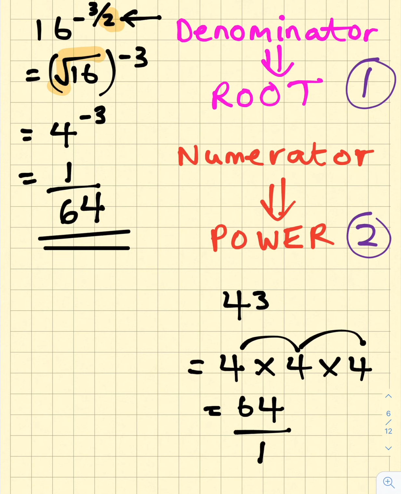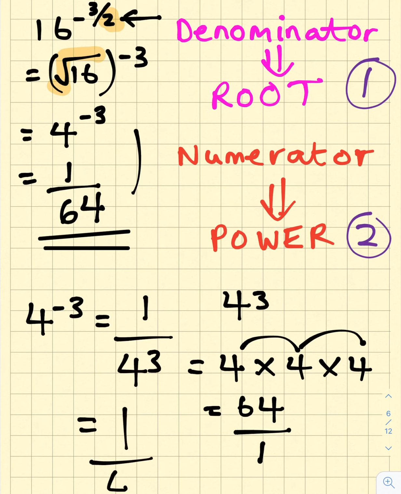So 4 to the power of negative 3 is the same as 1 over 4 cubed, which is 1 over 64. Let me just make that 3 smaller so we know it's a power, because negatives lead to reciprocals. Let's move forward.